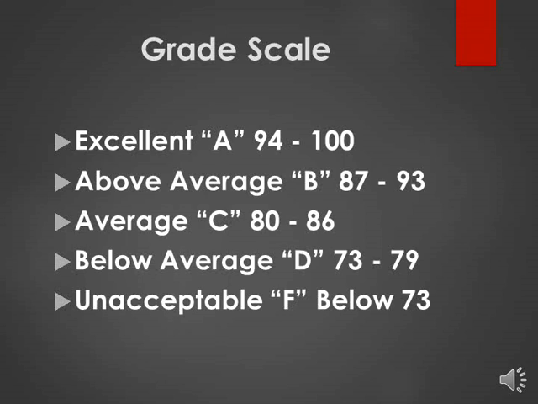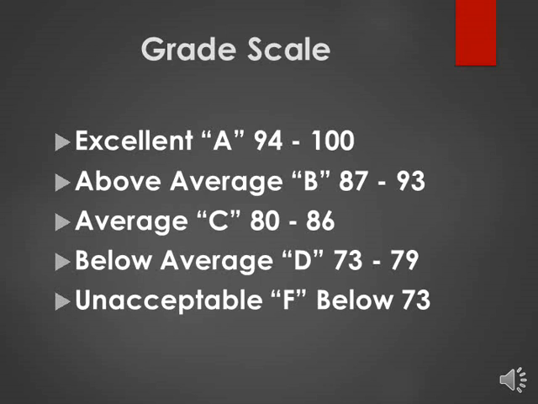Grade scale. You can see the following grade scale that will be used to designate what you have earned per course at the Tennessee College of Applied Technology, Shelbyville. A grade of A is designated as excellent.